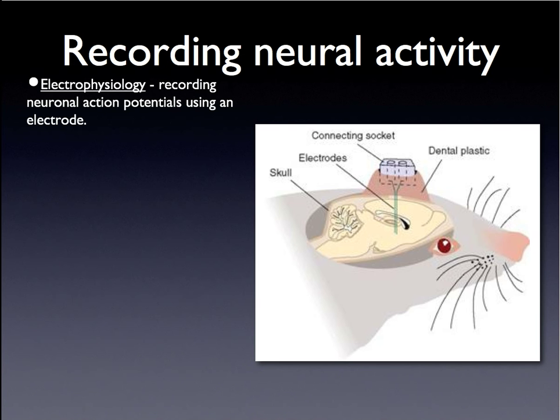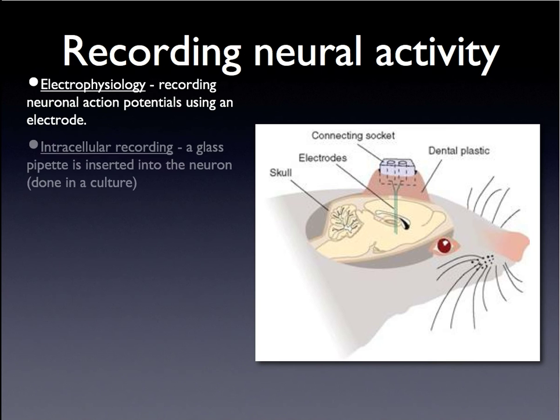This is called electrophysiology, otherwise known as extracellular recording, because you're dropping the electrode near neurons, but not exactly in the neuron. Intracellular recording is a lot more delicate, and you usually do that in a culture, in a slice of tissue, where a glass pipette is actually affixed to the neuron itself or inserted in the neuron.